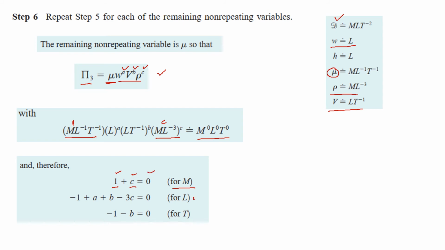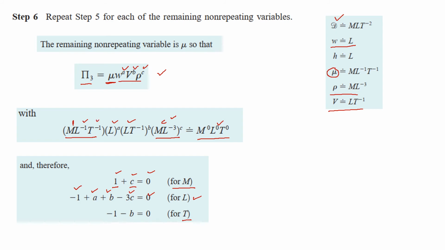Then we will do the same for length, and for length here the power is minus 1, here it is a, here it is again b, and here it is minus 3c. So minus 1 plus a plus b minus 3c is equal to 0. So this is for length. Then we will take the powers of time on both sides and equate them.